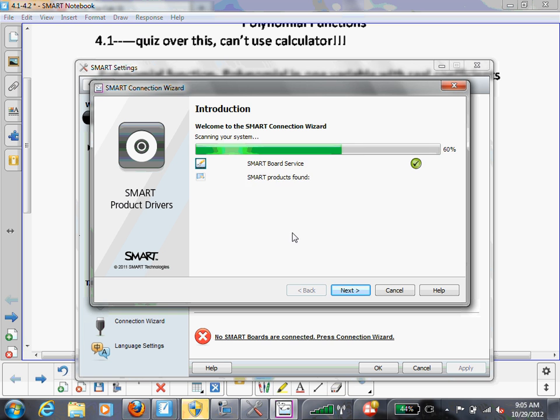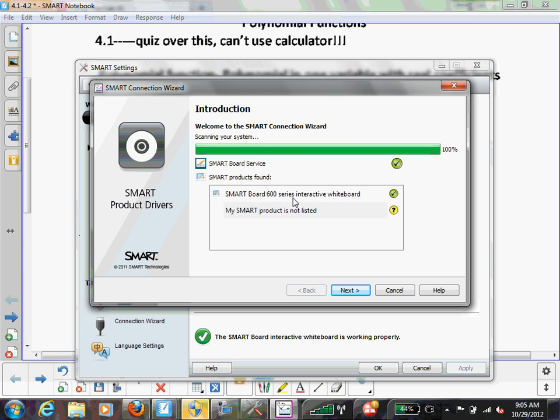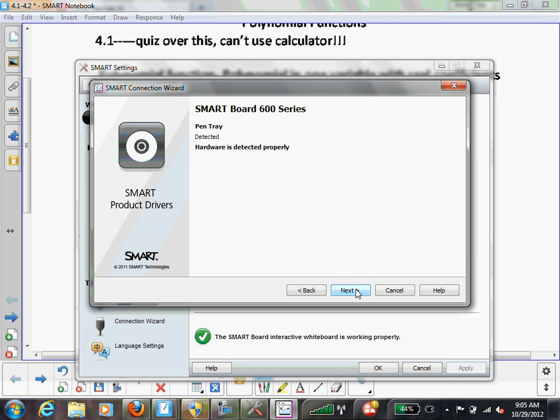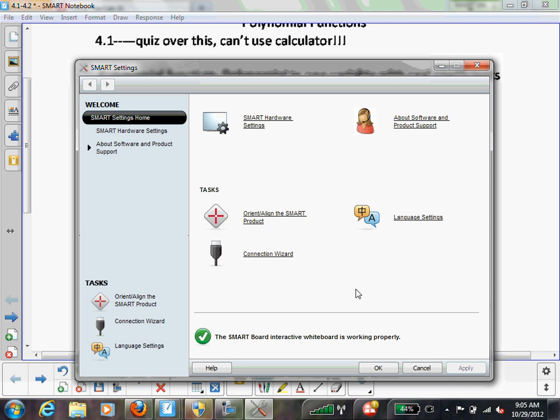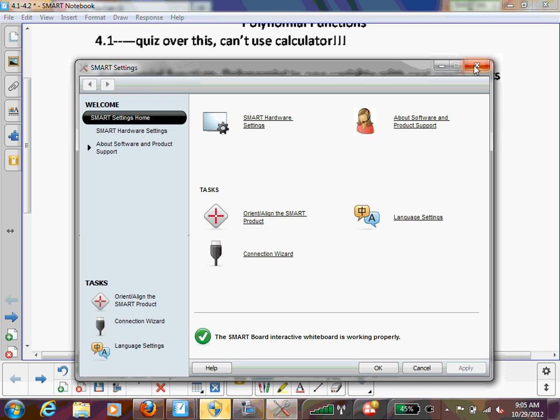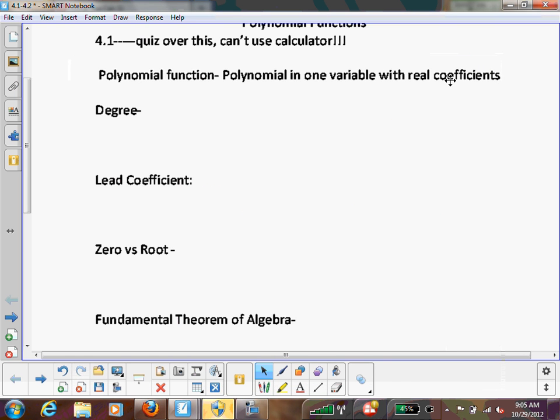What is your lead coefficient then? Anybody know? Right, it's the number right in front of, or connected to, that term.